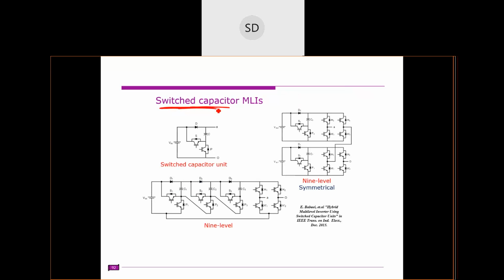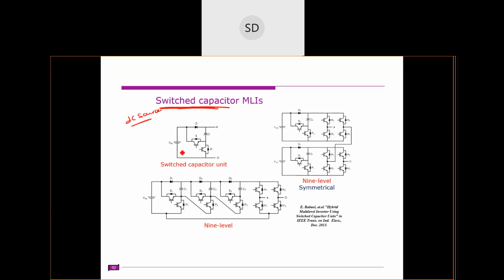The idea of these switched capacitor topologies is to reduce the requirement of DC sources. So these topologies are aimed to reduce the requirement of DC sources. By carefully charging the capacitor voltages from the DC source, these topologies are actually derived.